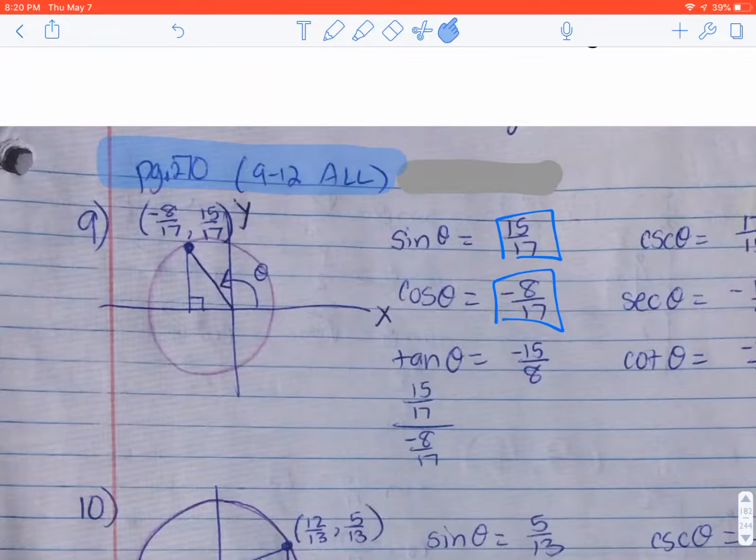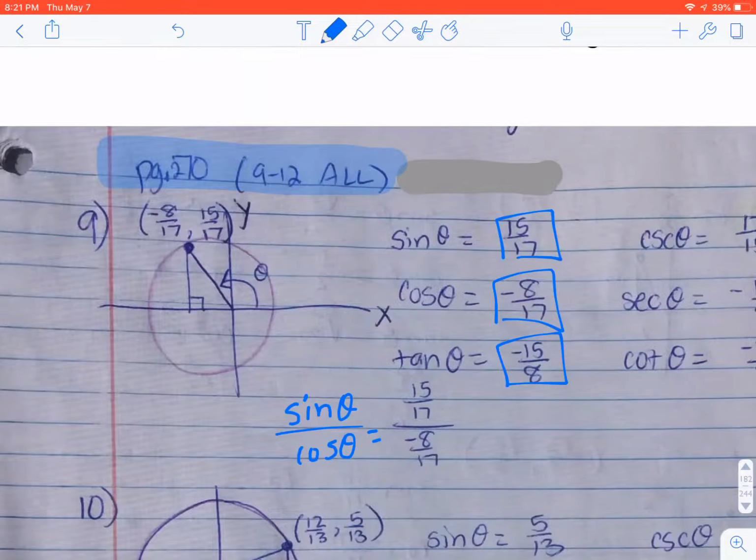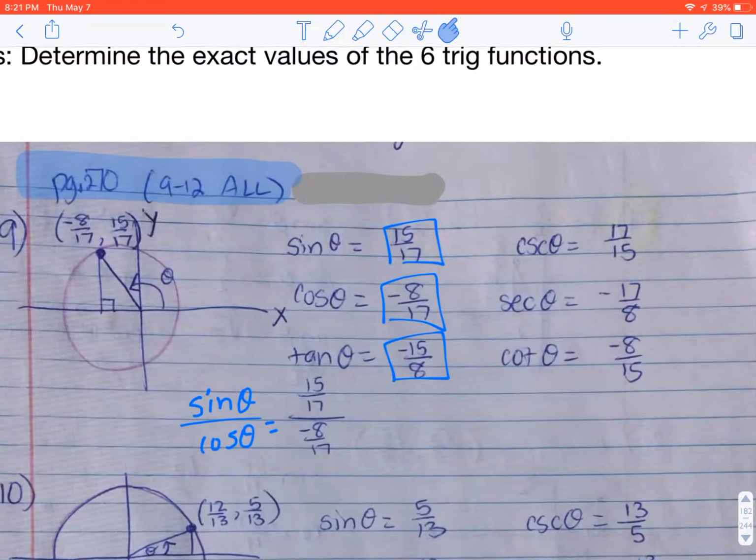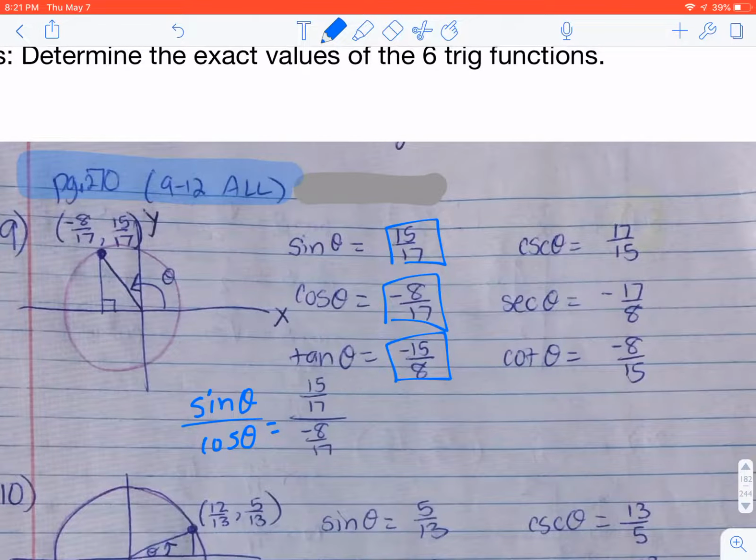Your tangent theta is always sine theta over cosine theta. Okay? So your 15 over 17 over negative 8 over 17, once you multiply by the reciprocal, your tangent theta is negative 15 over 8. Your cosecant theta, make sure you flip your sine theta.